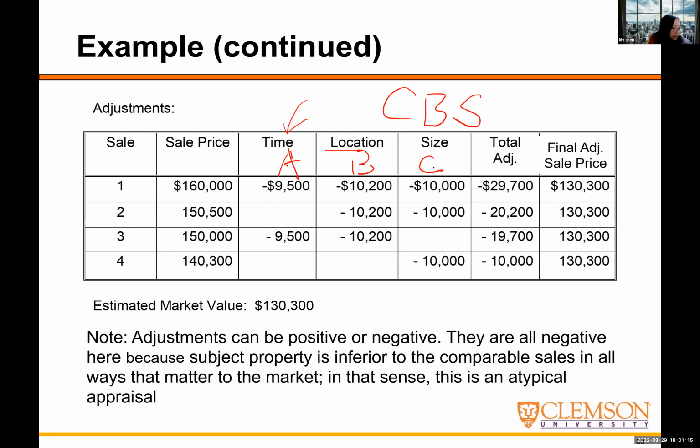We have the total dollar amount for adjustments, so we subtract this amount from the sales price and have final adjusted sale prices for all comparables. If you think all four comparables are equally representative, then you take the sum and divide it by the number of comparables, and then you have the estimated market value.